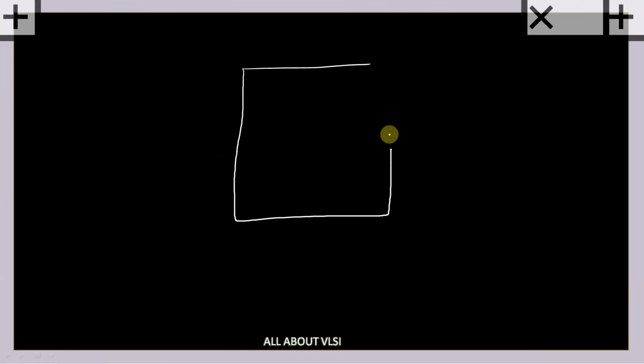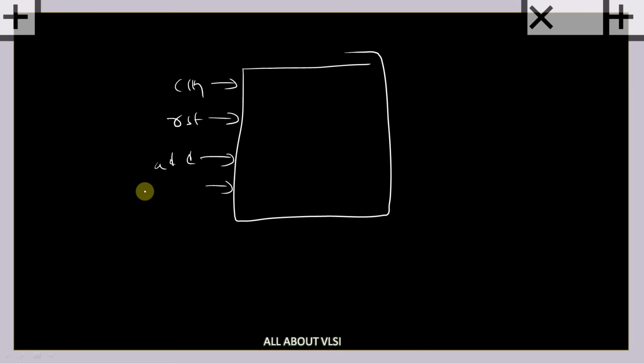This is my RAM with clock, reset and address, and I have write enable. If write enable is equal to 1, then I can write the data into the RAM, and if write enable is equal to 0, then I'm going to read the data from this RAM, right?